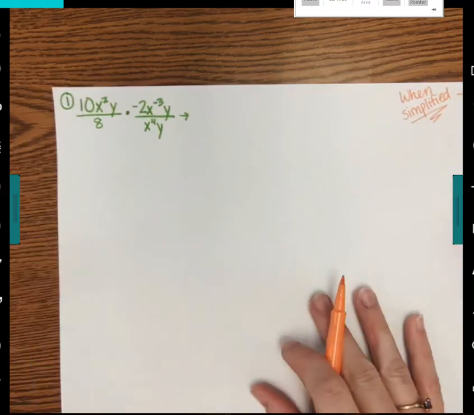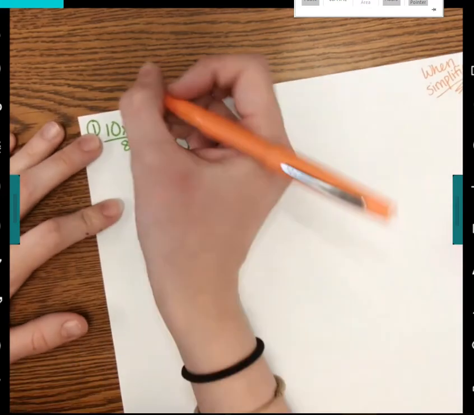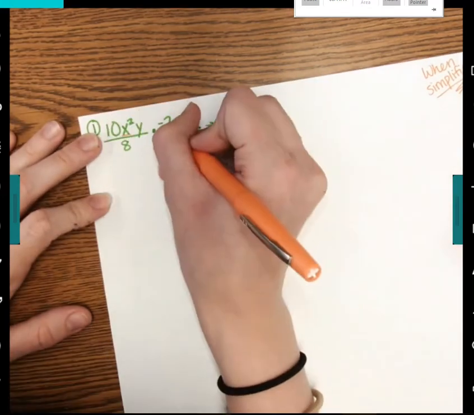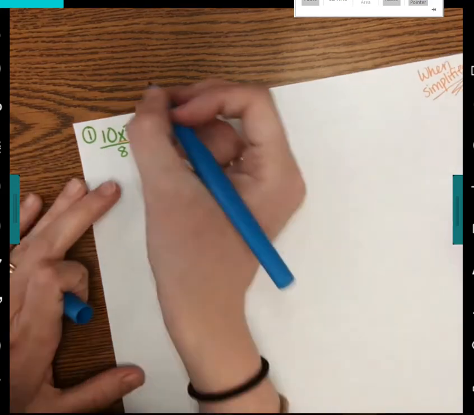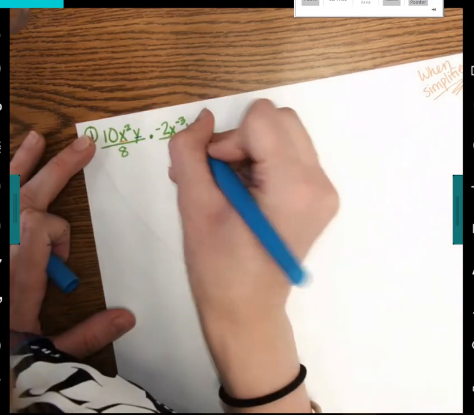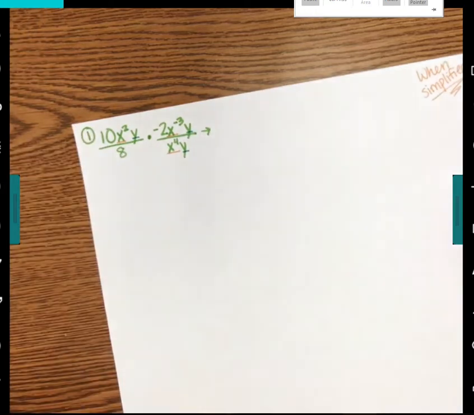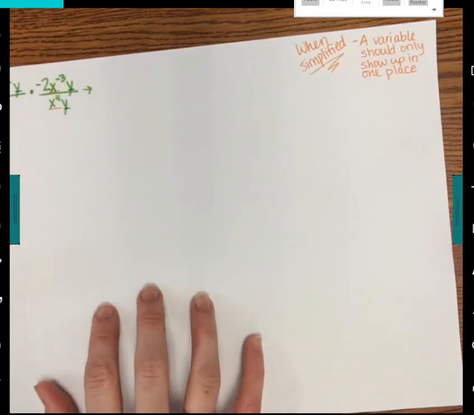What do I mean by that? Well, here I have an x here, an x term there, and an x term there. I also have y showing up here, and here, and here. That's no good. They need to show up in only one place.